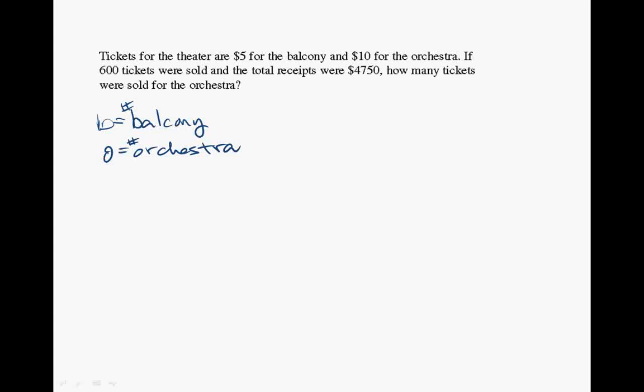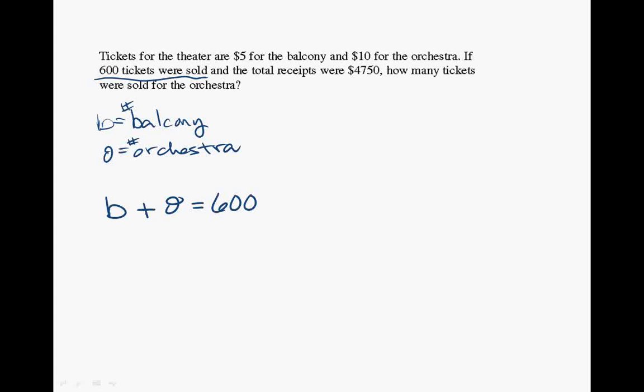So how about I start with total tickets sold? The 600 tickets, that is comprised of both balcony tickets and orchestra tickets. So I could say B plus O equals 600.